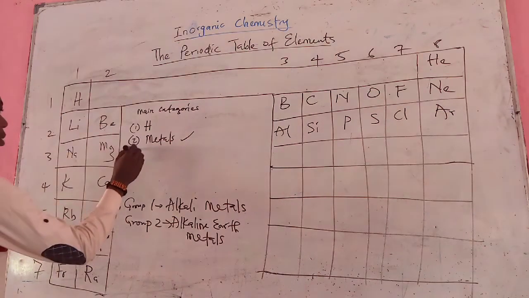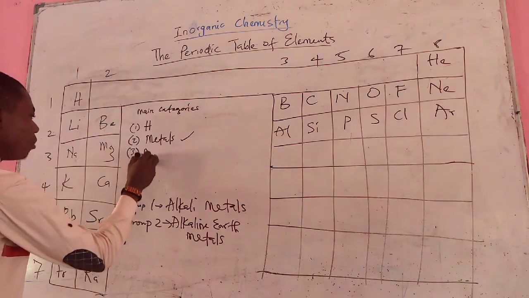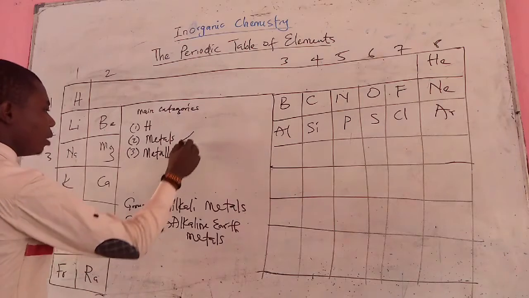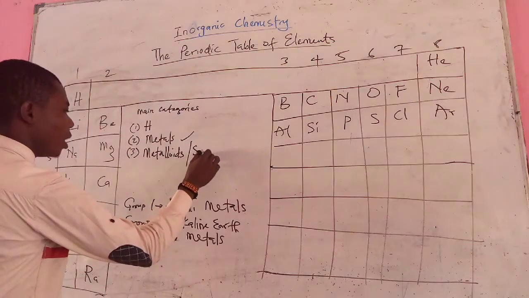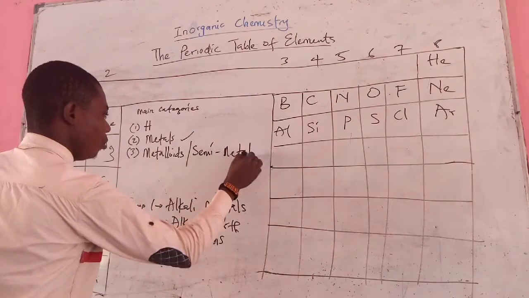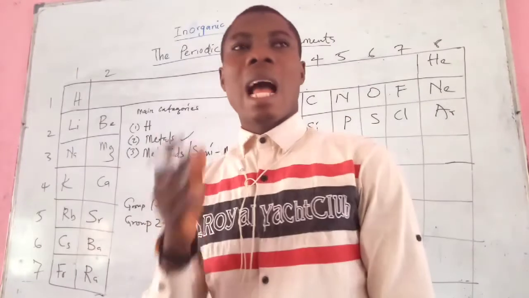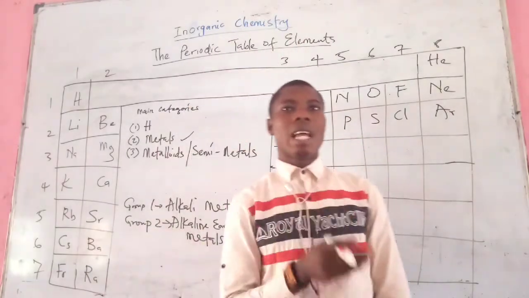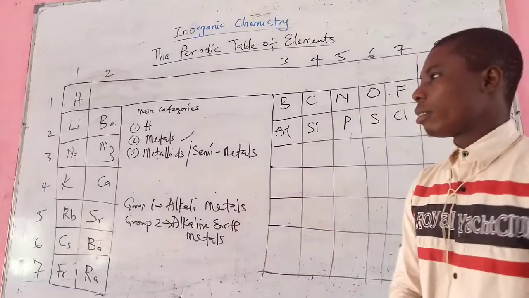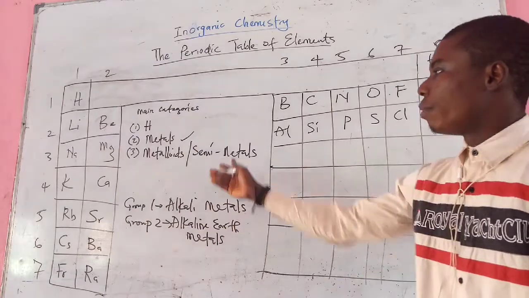Now the next category of elements that we have are the metalloids. The metalloids, or if you like, you can call them semi-metals. So, what are the elements in this category?